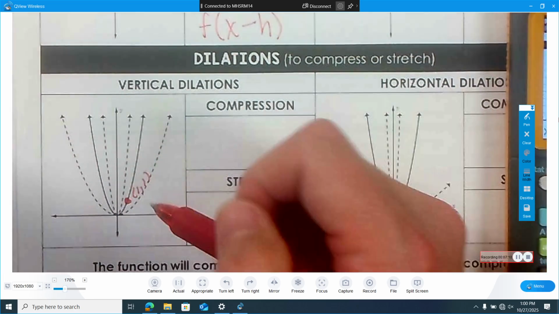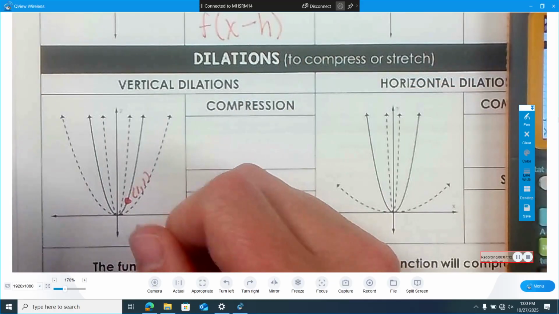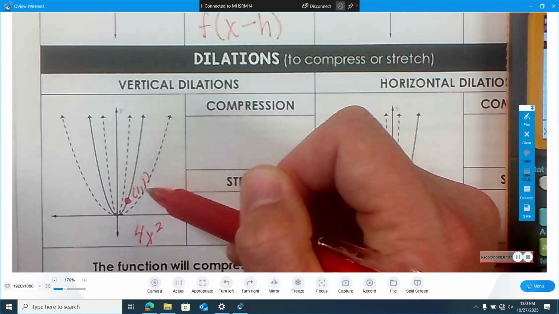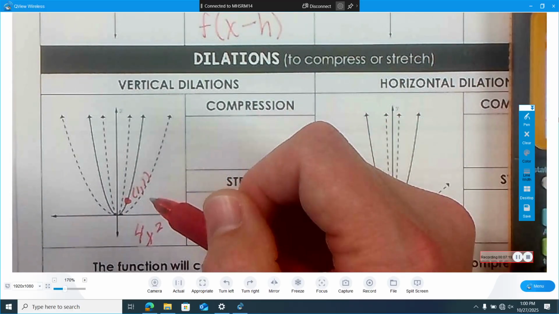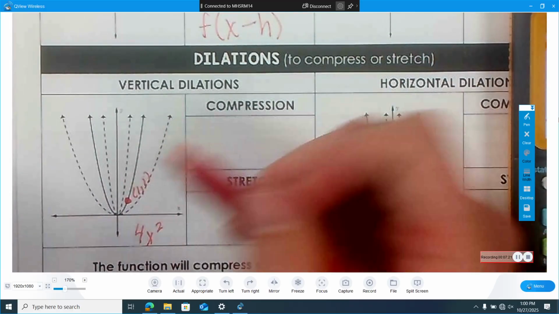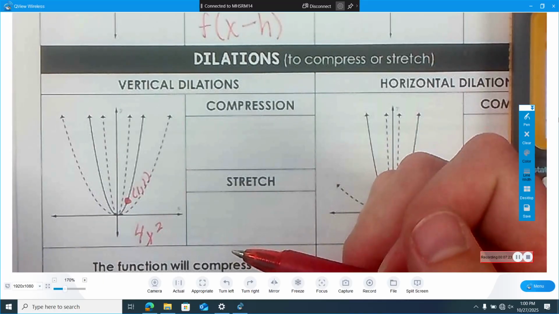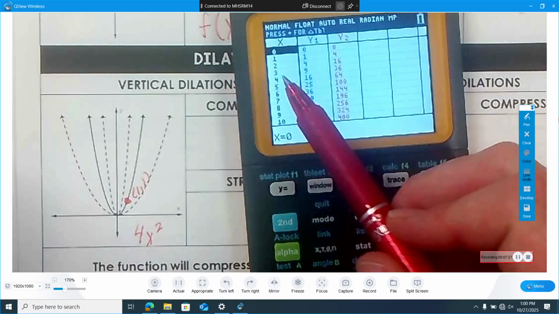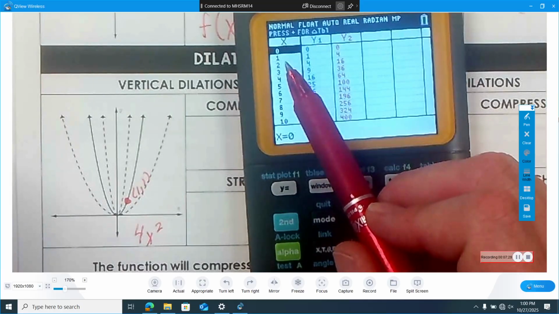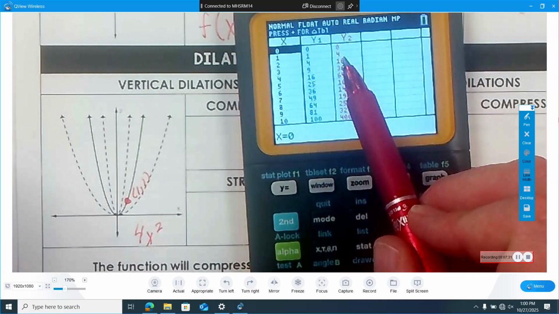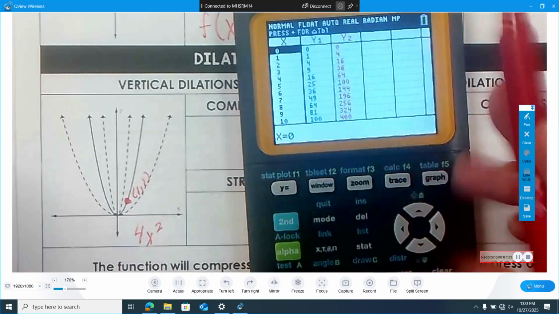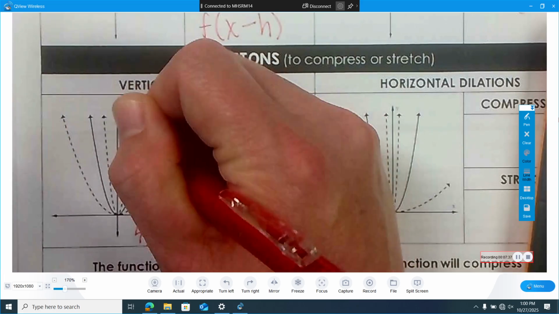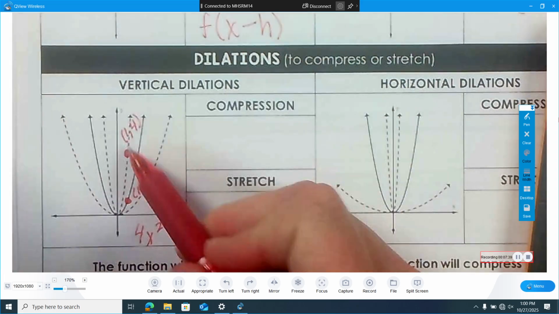And so in our case, if it was 4x squared, what does my y-coordinate become? So (1, 1) is going to turn into, does it change the x-coordinate? Yeah, the x stays the same, but we multiply just the y value by 4. So it grows a whole lot, and it becomes (1, 4).